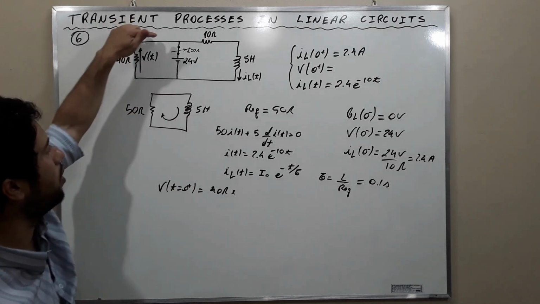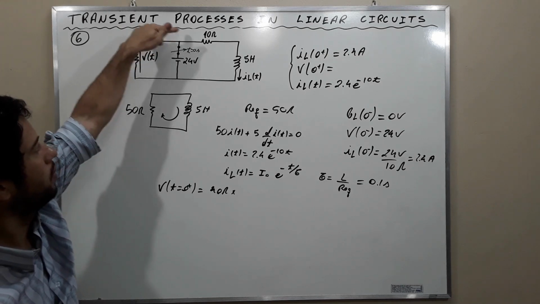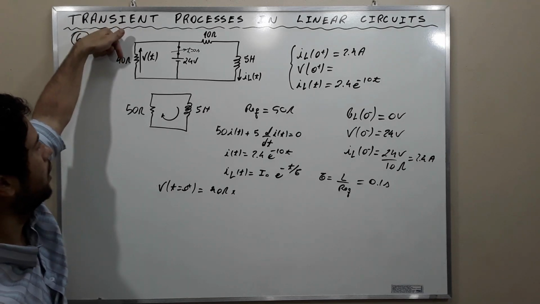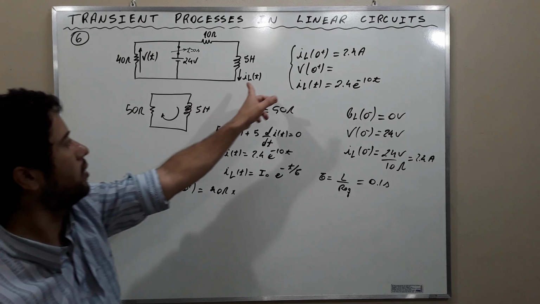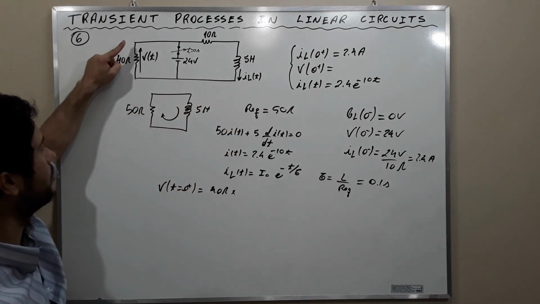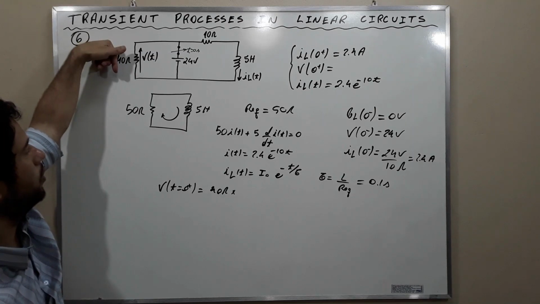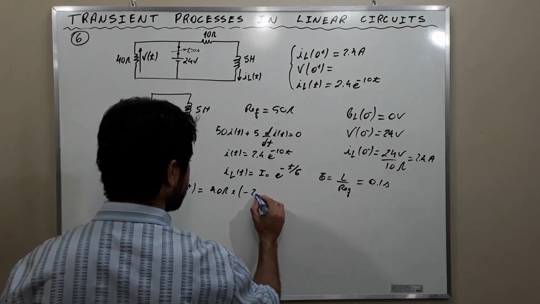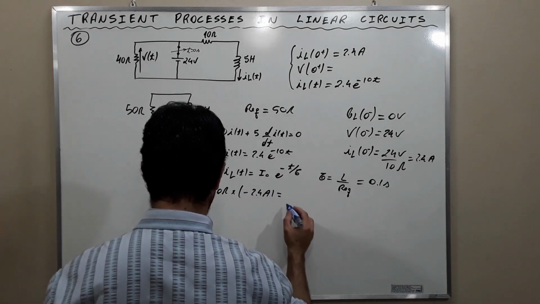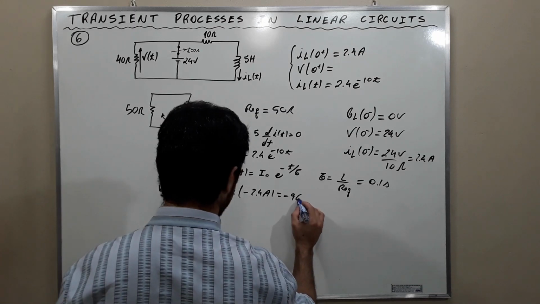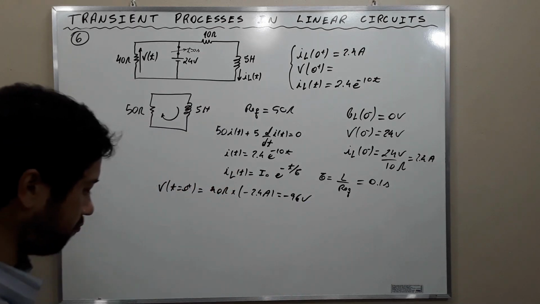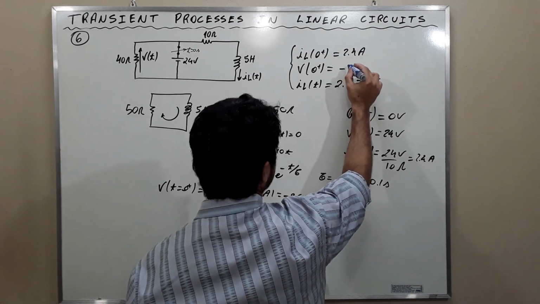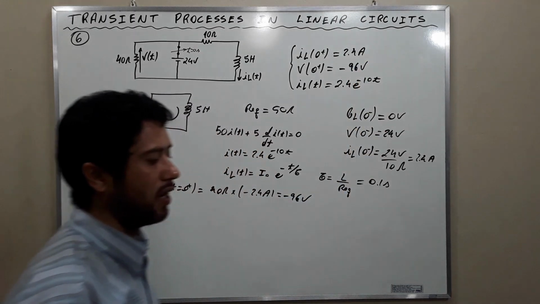Because here before the switch is open, the current flows in this direction, downwards. After the switch is open, the current is flowing upwards here. Then the voltage drop will not point upwards, will point downwards. And this gives a value of negative 96 volts. And this is all the exercise wanted of us.